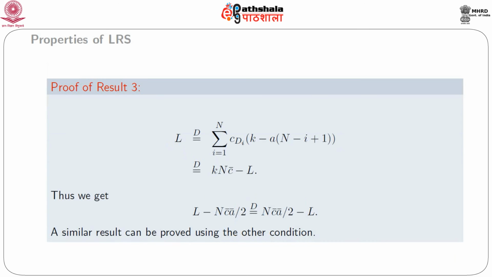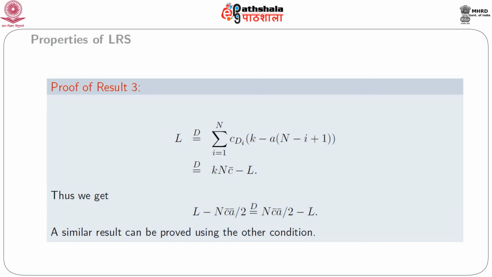Now, we have already assumed that Ai is nothing but k minus A(n minus i plus 1), and using this we get that L has the same distribution as the summation C(di) multiplied by (k minus Ai). And after just simple algebra, since summation over i from 1 to n C(di) is nothing but the summation over i from 1 to n Ci, we get that L and k n C bar minus L have the same distribution.